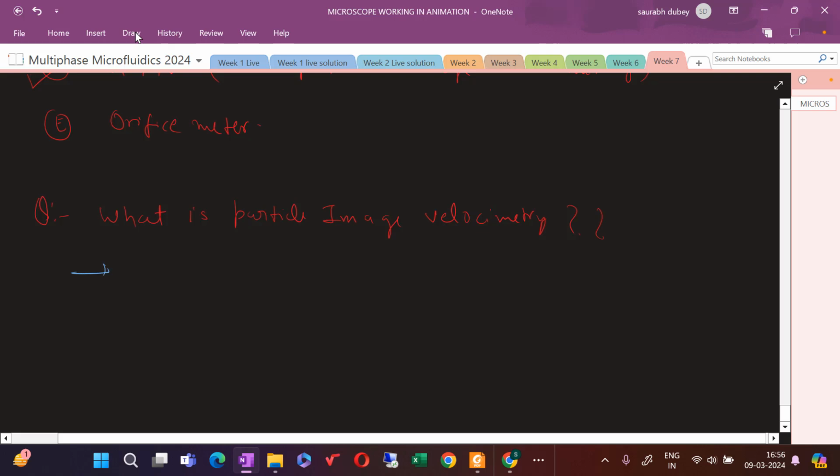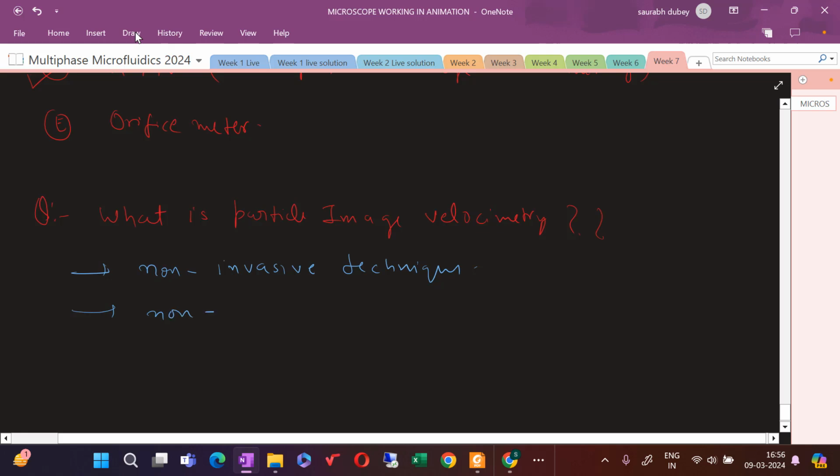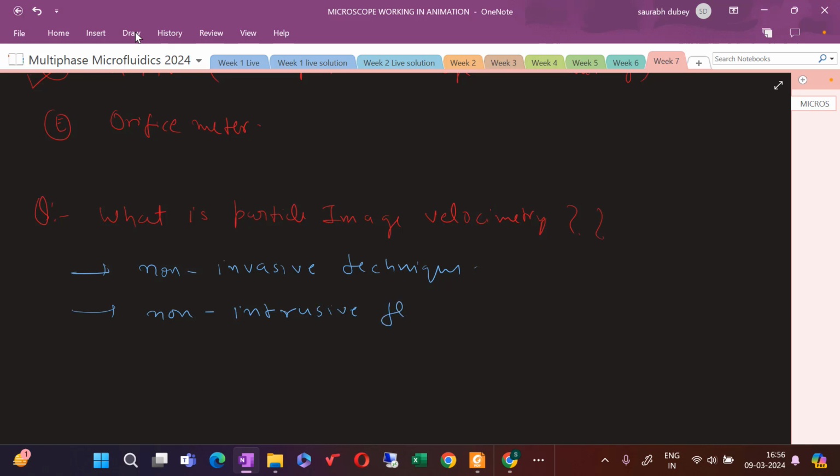It is a non-invasive technique. It does not have direct contact with the flow. This is non-intrusive flow measurement.